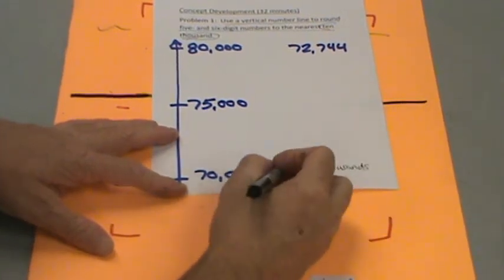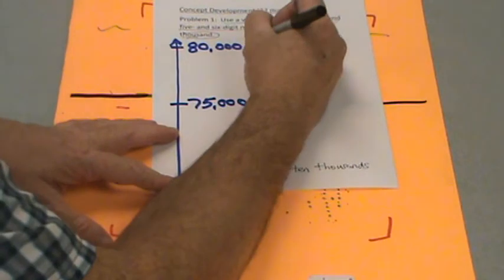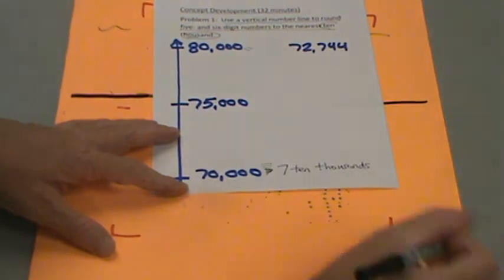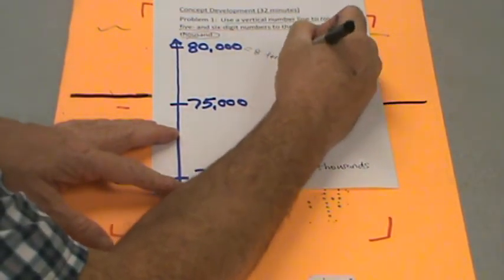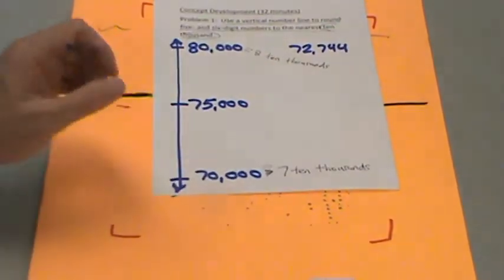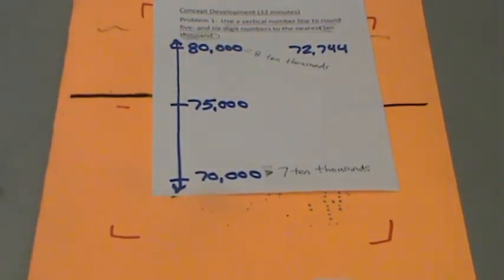Because 7 times 10 happens to equal 70. So what would 80 be? Well, 80 would be equal to 8 10,000s. Okay? So we have 7 10,000s down here, 8 10,000s over there.